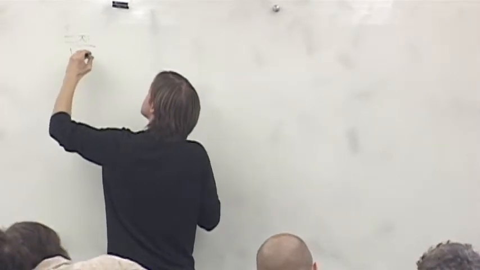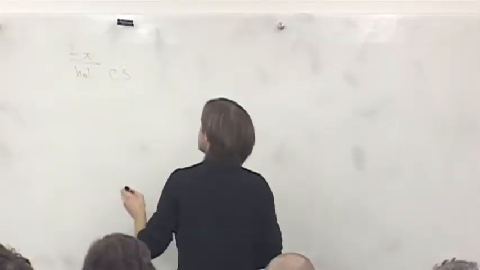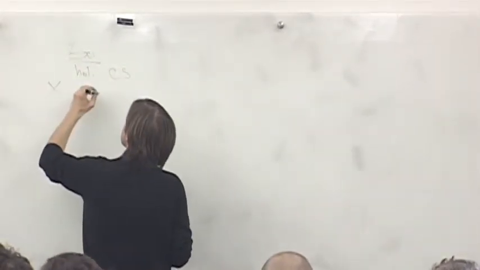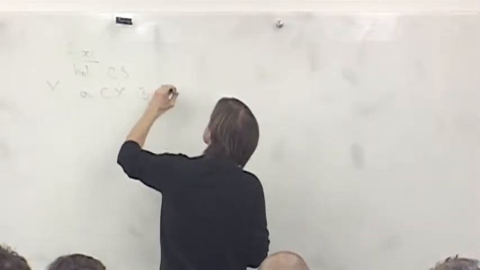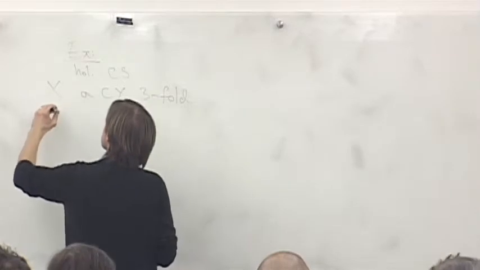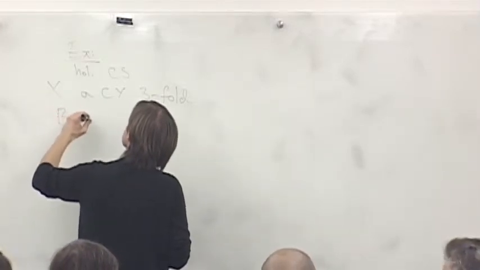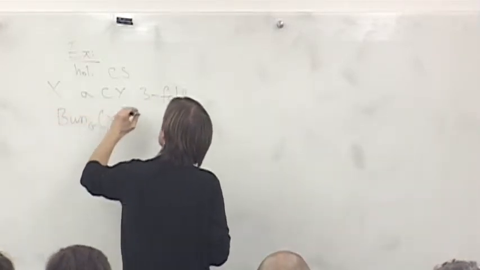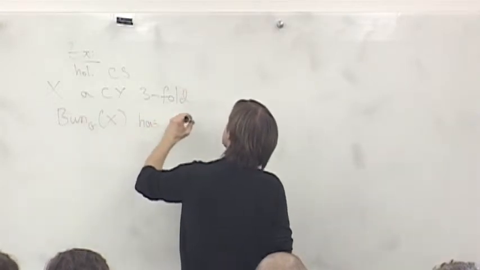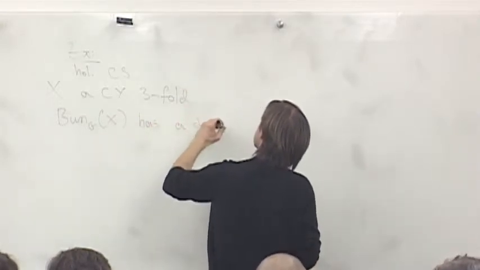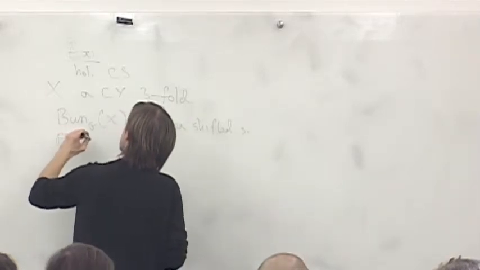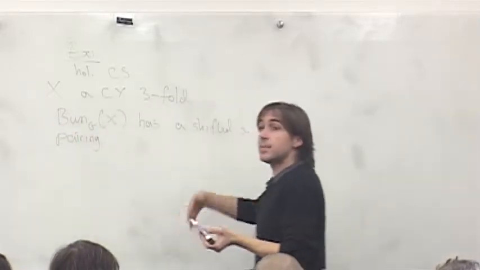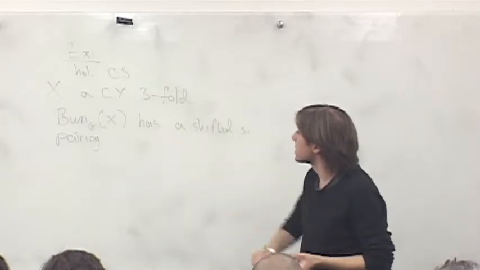Holomorphic Chern-Simons. If I take X a Calabi-Yau threefold, then I take Bun_G of X as a shifted symplectic space, with a shifted symplectic pairing. And it satisfies these kinds of features too, that it works locally as well.